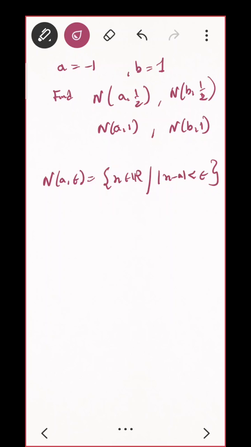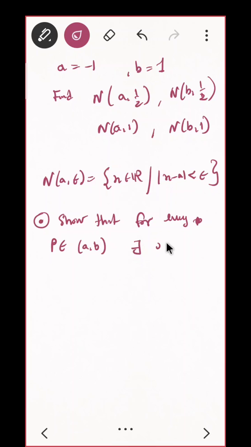Okay, let me just write the statement first. Show that for every p belonging to AB, there exists an epsilon neighborhood.